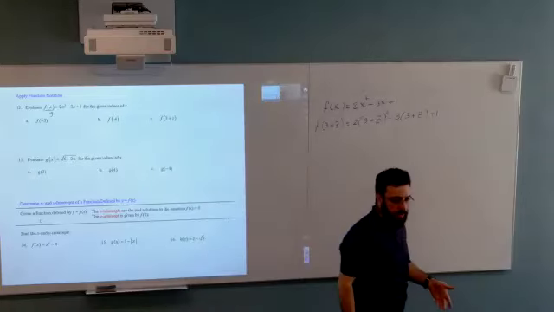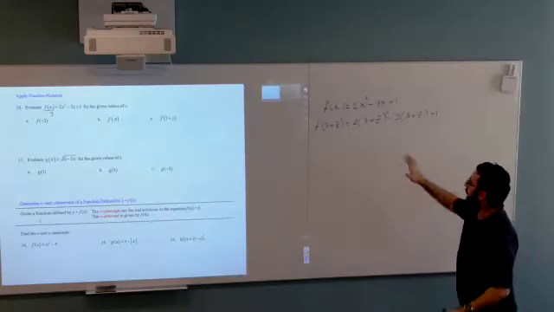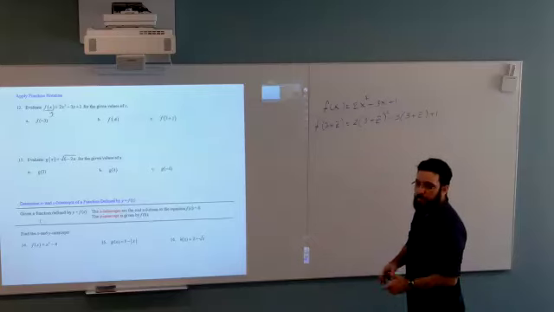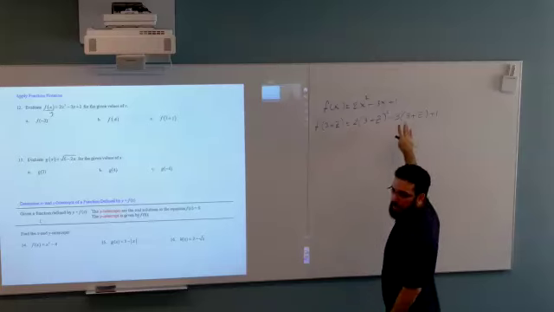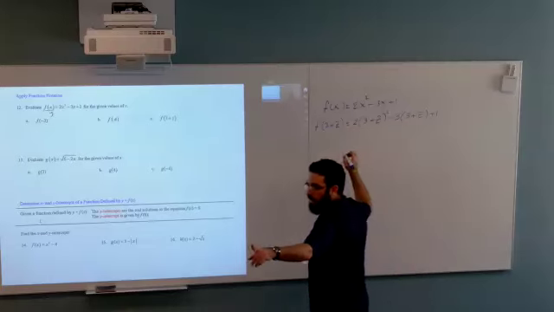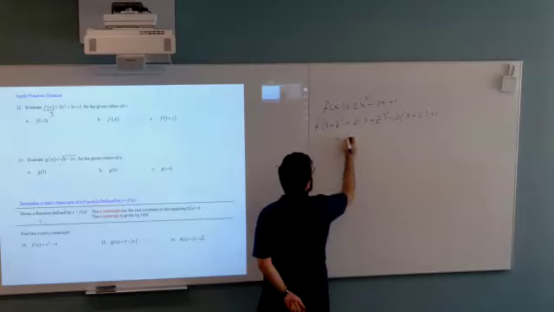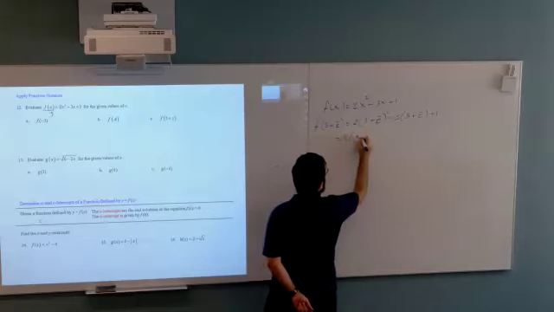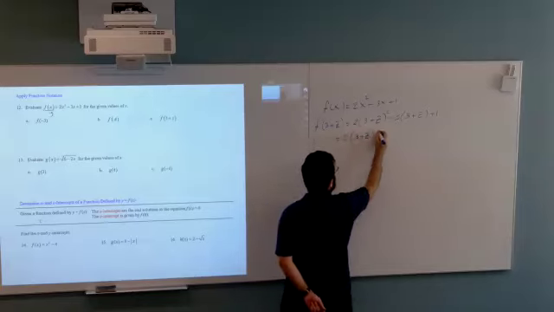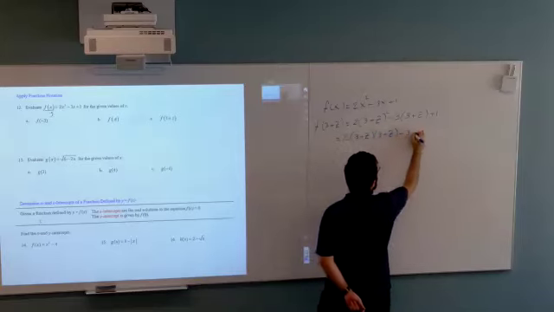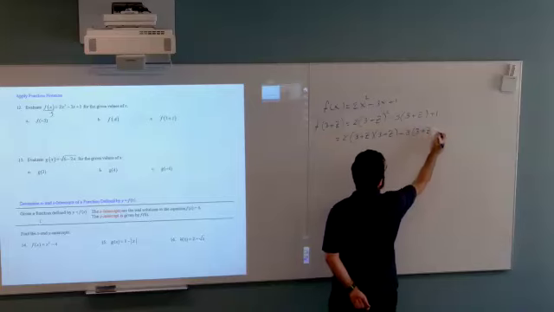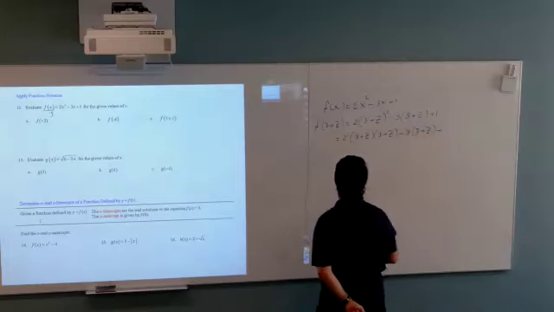Now what's the next step? Yes, this is right, but you have to simplify it. We've got to multiply, we've got to distribute. Here you're going to FOIL, here you're going to distribute. So it's going to be 2 times the squared binomial, minus 3 times (3 plus z), plus 1.